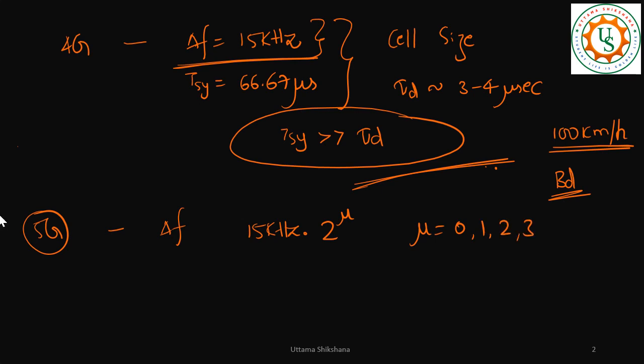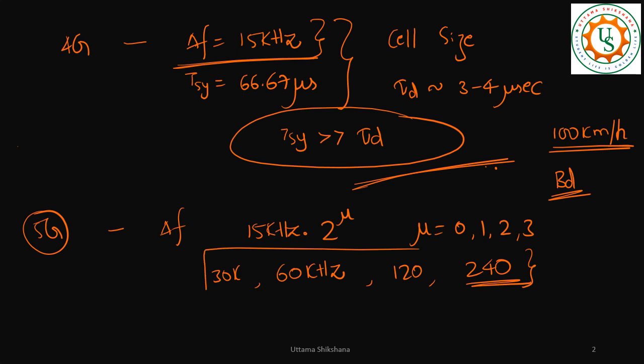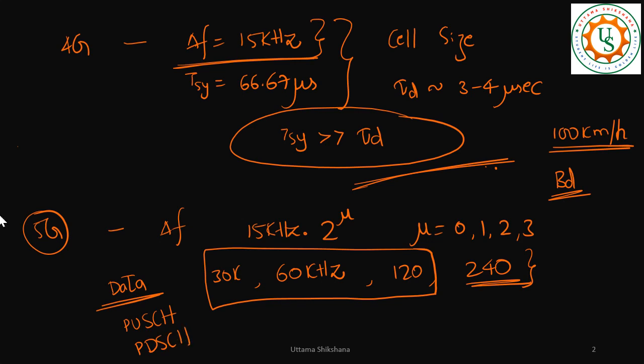So basically we have 15, 30, 60, 120, and 240 kilohertz. 240 is for a different channel and scenario. The others are predominantly used for transmitting data, whether it is PUSCH data in the uplink or PDSCH data in the downlink. These terminologies will come in the future, but for now remember that it is the data which we are transmitting.